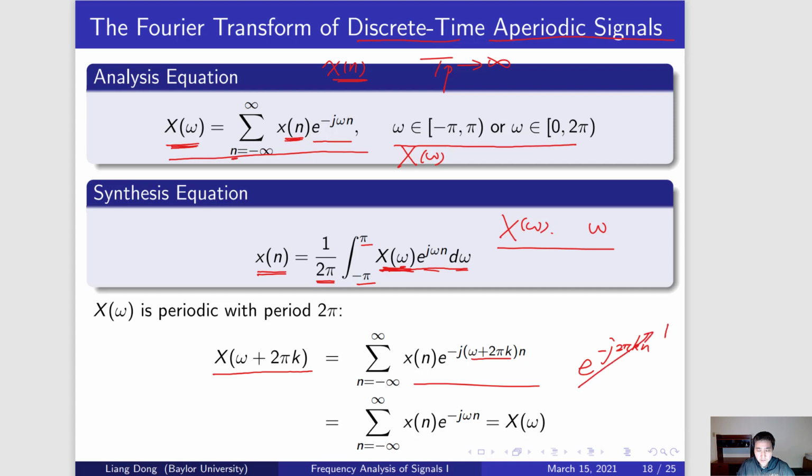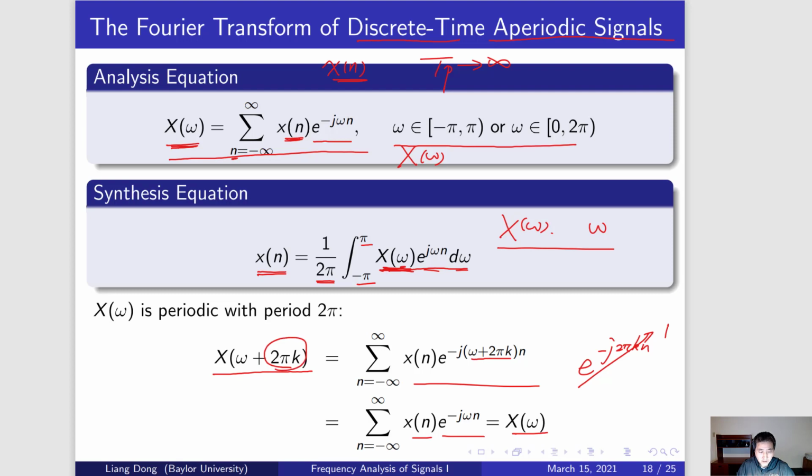Therefore, this term becomes 1 and it will be removed. What's left is x[n] times e to the power negative j omega n. And this is the analysis equation that will give me X(omega). Therefore, capital X is indeed a periodic function with a period of 2 pi k.